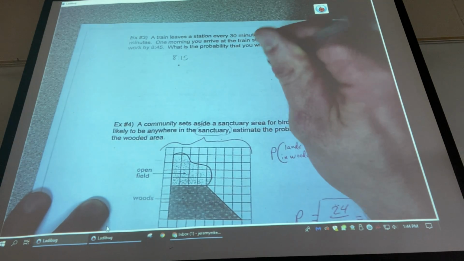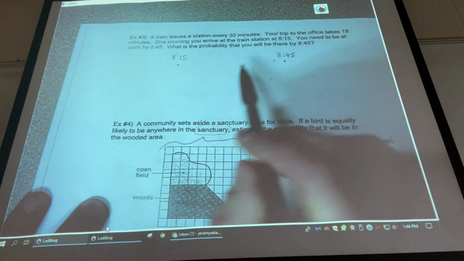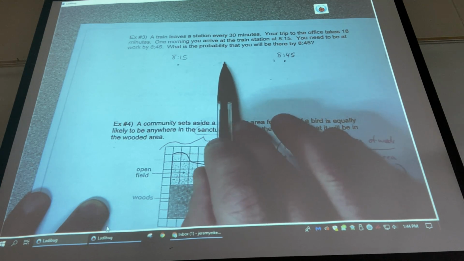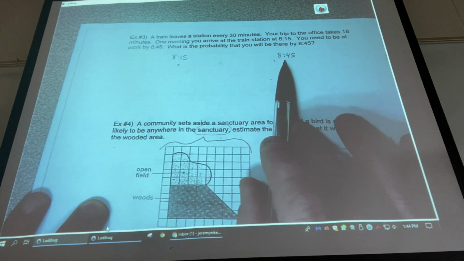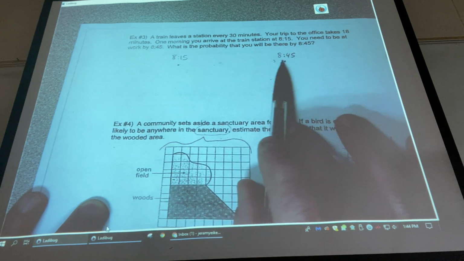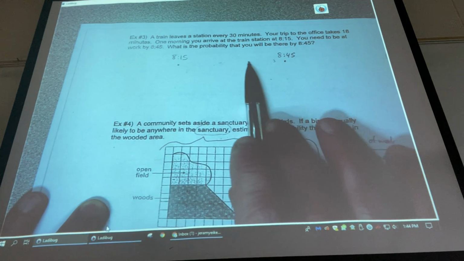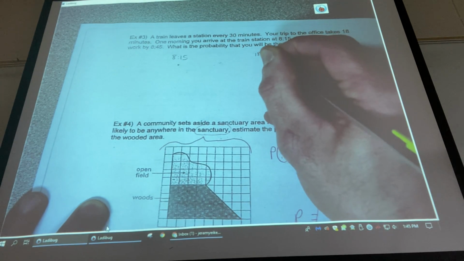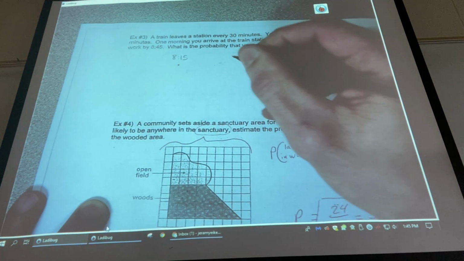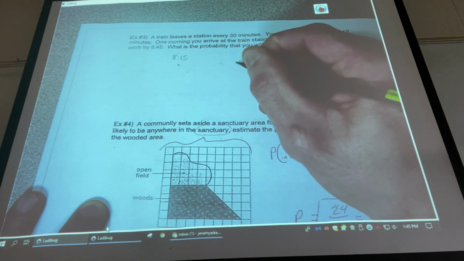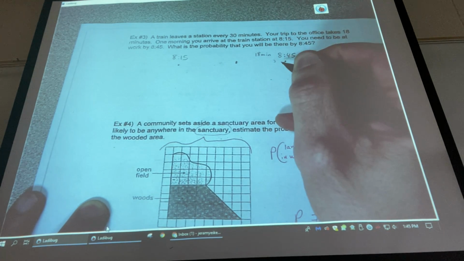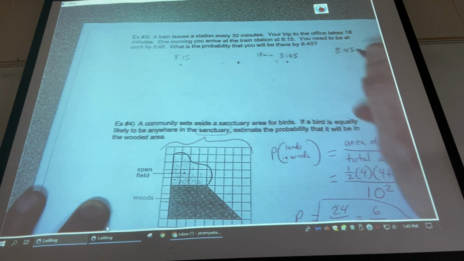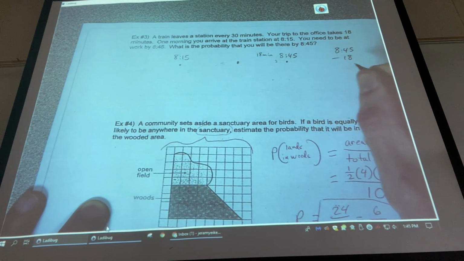So the question is what's the latest the train can leave and you still have enough time to get to work. Well, how long's the train ride? 18 minutes. So basically you're going to go 8:45 minus the 18 minutes, right?